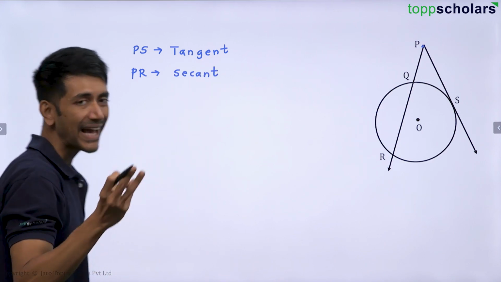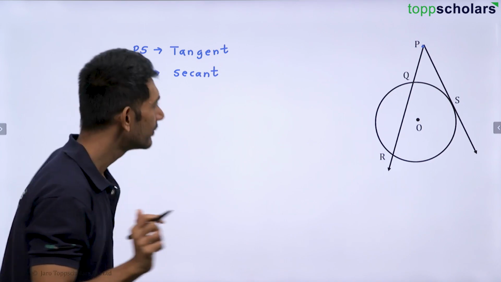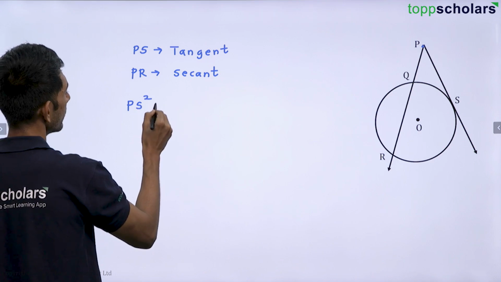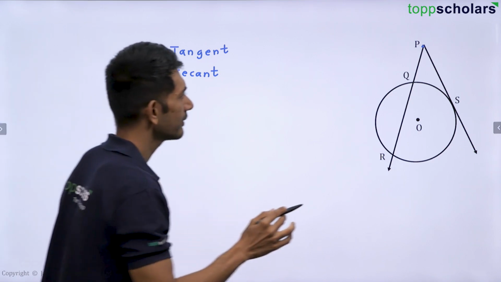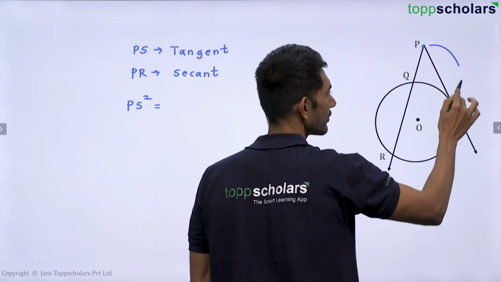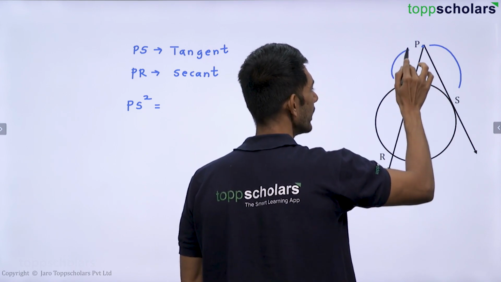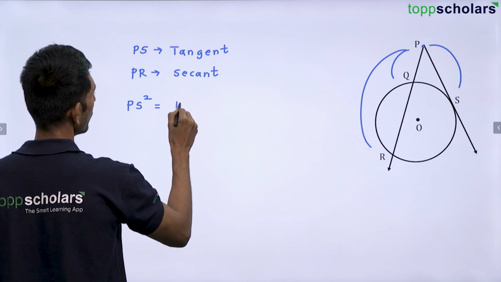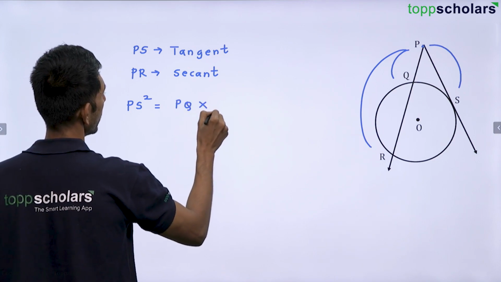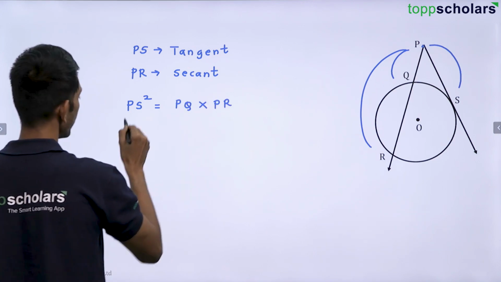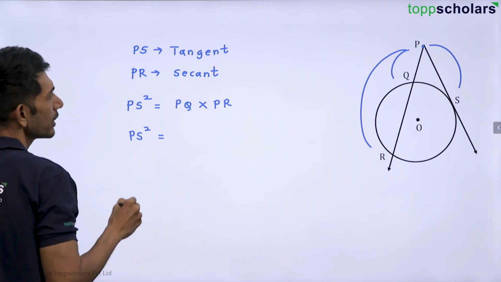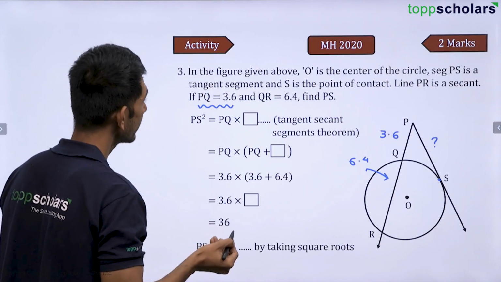So according to tangent secant segment theorem, we can say that PS square is equal to PQ into PR. So we keep PS square as it is. PQ, how much is PQ? It is there in the question, right?